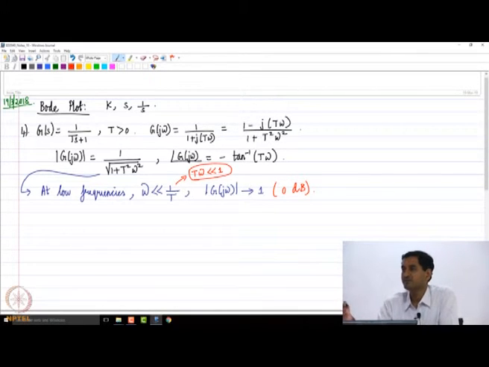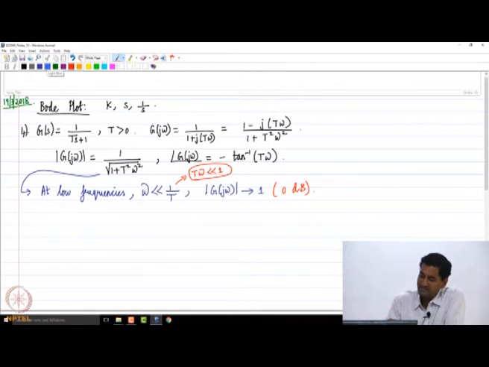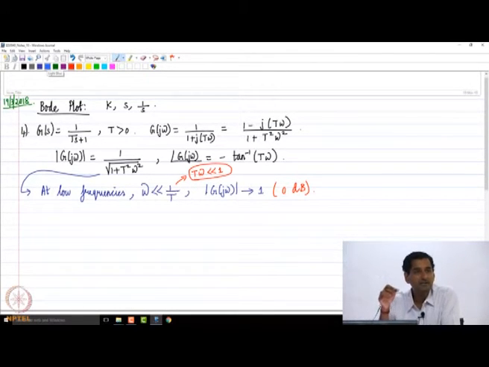See, because how do I convert to decibel units? I take the logarithm to the base 10 and multiply by 20, right? Logarithm of 1 is going to be 0, so that's why I get 0 decibels, okay? So we would see that the magnitude of this particular factor is going to tend to a line which corresponds to the 0 decibel line in the magnitude plot as frequencies become smaller and smaller when compared to 1 by capital T, okay?